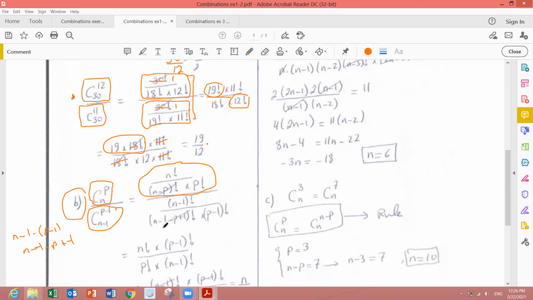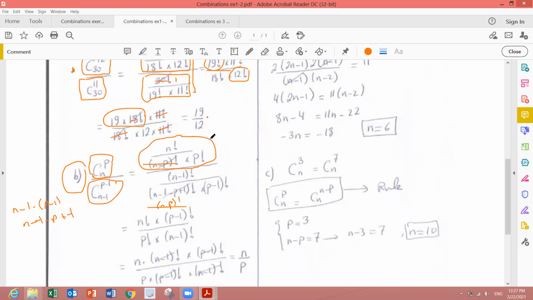So this one it becomes N minus P factorial times P minus 1 factorial. N minus P factorial with N minus P factorial are simplified.